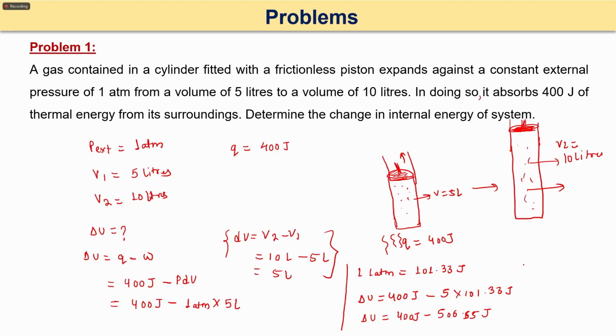joule, which will give you ΔU equal to minus 106.65 joules. So if you solve this, you will get the change in internal energy in joules. And if it is minus, then what does it mean?